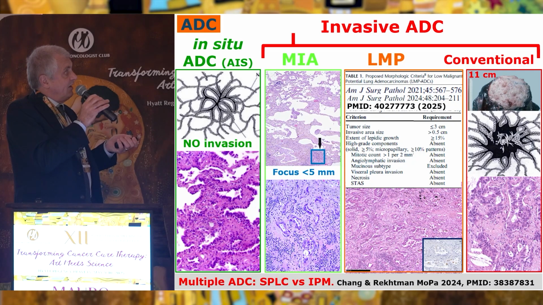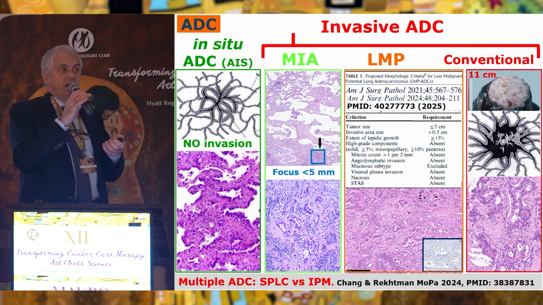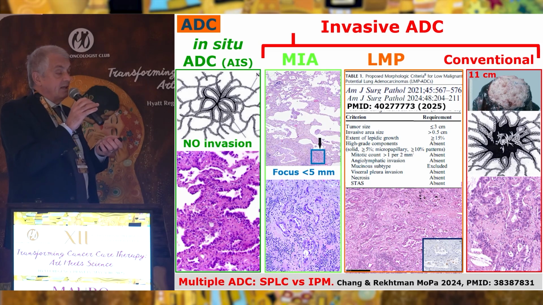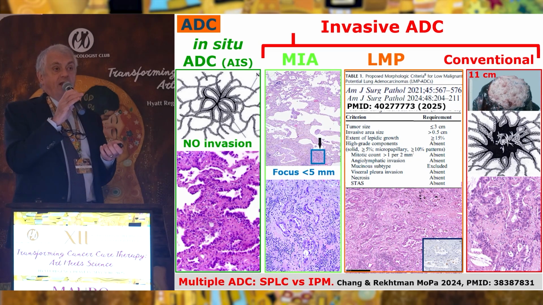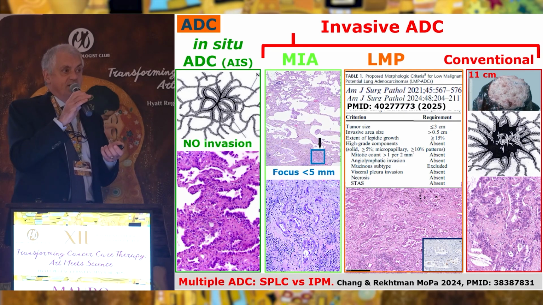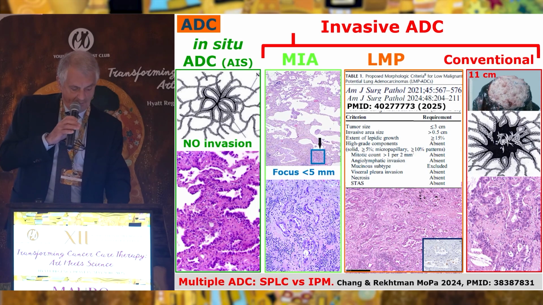And if we call invasive an adenocarcinoma which is not invasive, we actually provide an exaggerated treatment to the patient, and this is the reason for having a very nice survival, because sometimes pathologists call invasive what is not invasive, and of course in situ adenocarcinoma has 100% survival.